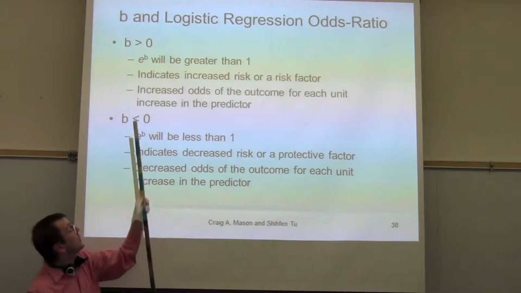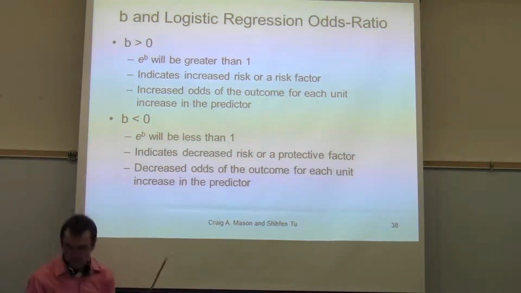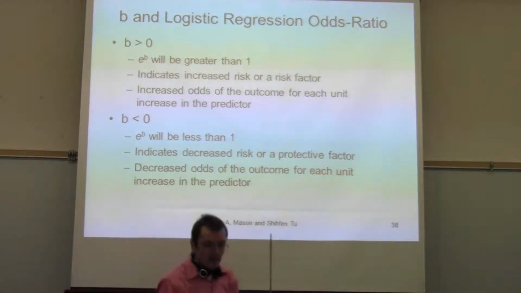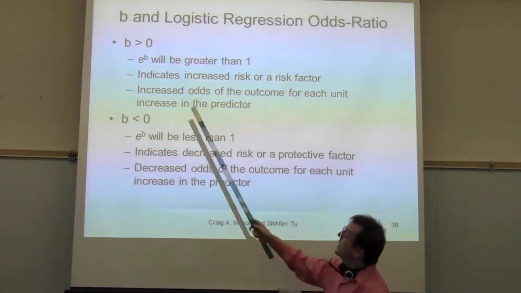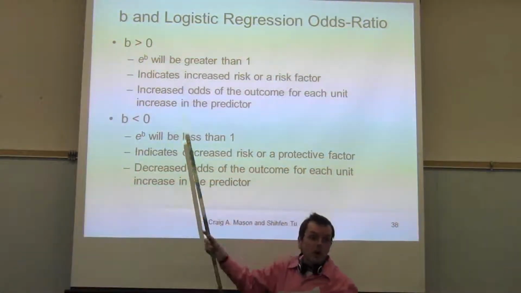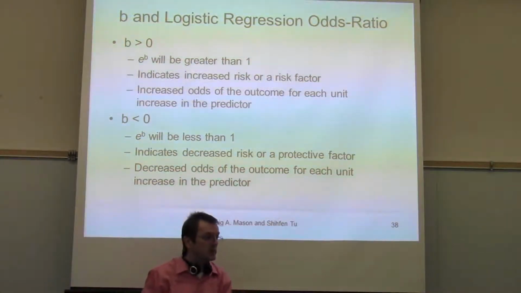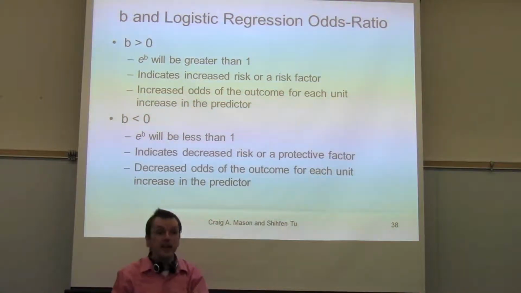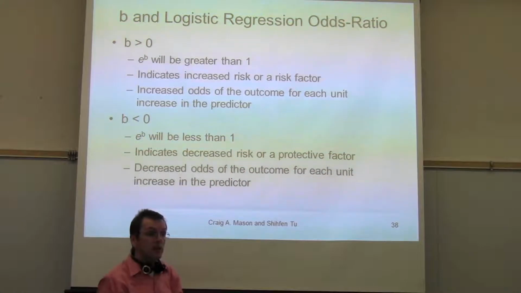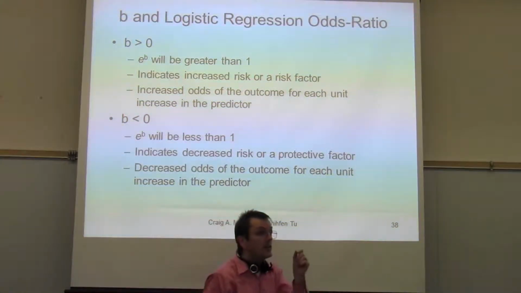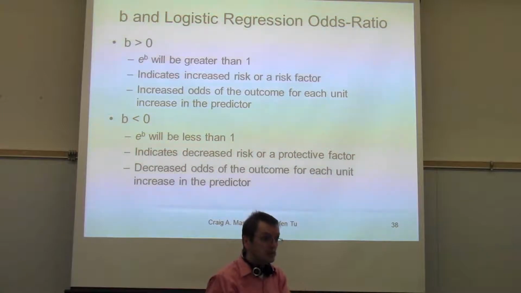If b is greater than 0, so now you've got a positive, that indicates e to the b, e raised to the power of b, will be greater than 1, which just indicates increased risk. So if e to the b is, say, 2, that means a unit increase in your predictor doubles the risk, doubles your odds.